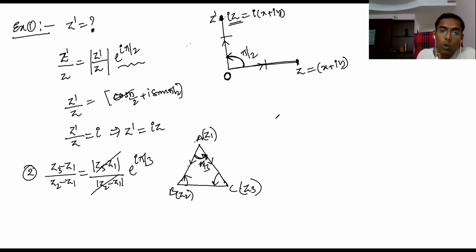Similarly, I can write Z3 minus Z1 by Z2 minus Z1 equals e to the power of 5 pi by 3.